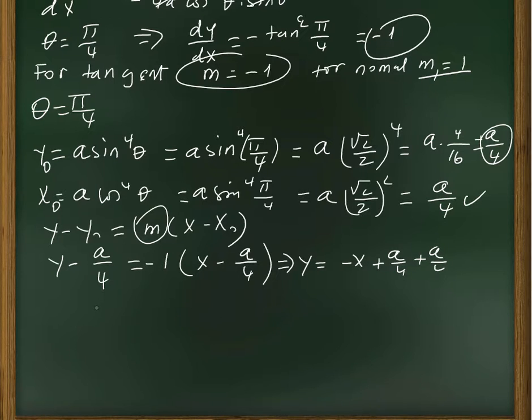Finally, we get y plus x is equal to a over 2, meaning that 2x plus 2y minus a is equal to 0 is the tangent.